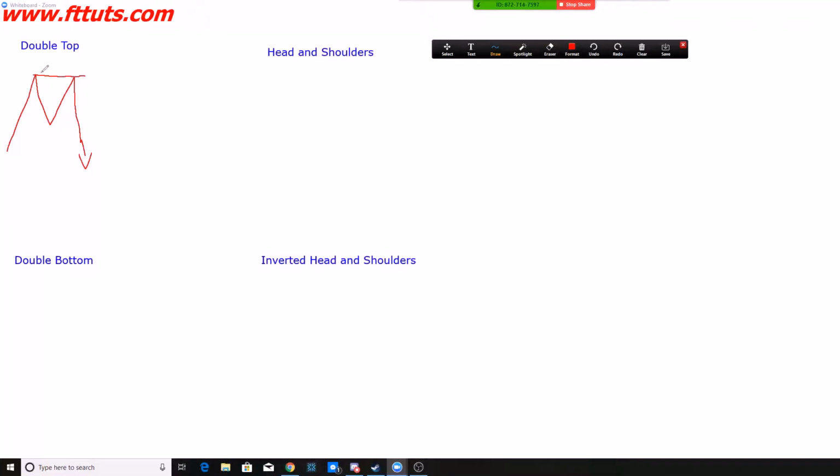So you have your double top, and you have your head and shoulders, which is as simple as here's a shoulder, here's a head, here's a shoulder. You're looking for sell opportunities. Now the only way you can actually take advantage of these setups is when the market breaks past this point. This point being what? Saying that we're in an uptrend for a double top to actually form. This is a higher high.